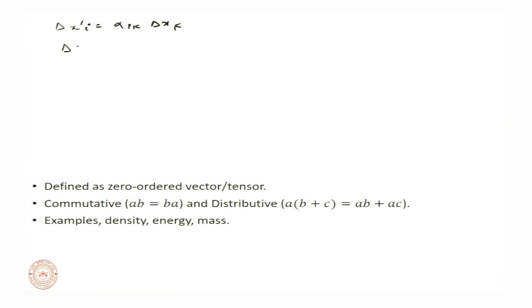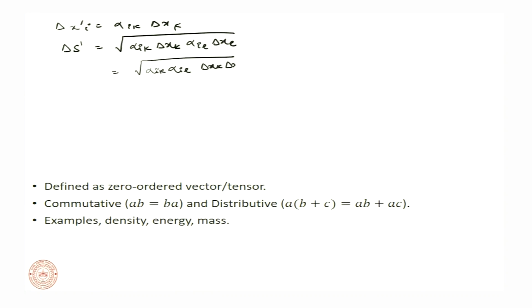With this, our delta s prime will be the square root of alpha_ik delta x_k alpha_il delta x_l. For delta x_i prime and delta x_i prime, we have replaced them with the alpha terms. Now, we can bring the alpha terms to one side. So we have alpha_ik alpha_il delta x_k delta x_l, which involves the product of two rotation matrices.